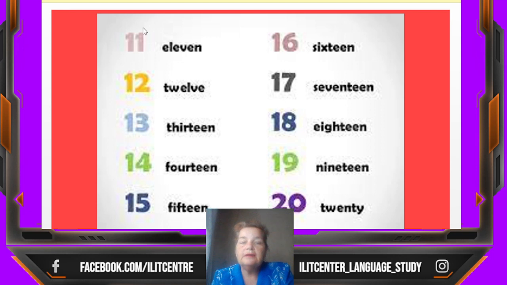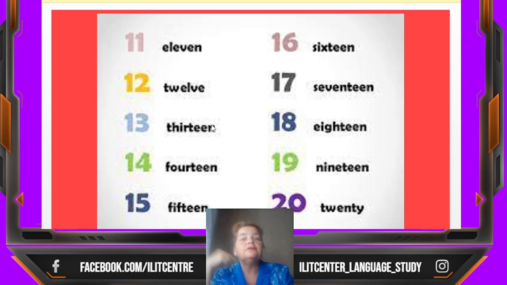Let's consider how to read these numbers. 11 and 12 are exceptions. When we look at the numbers from 13 till 19, we see that they contain a part of the word, the suffix "teen", and this suffix is in the stressed position. We put stress on it.